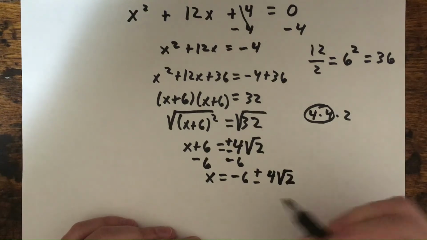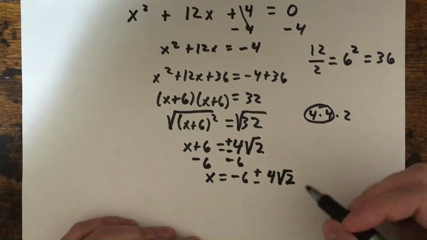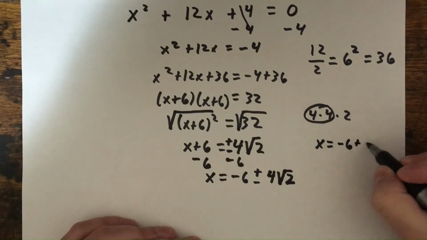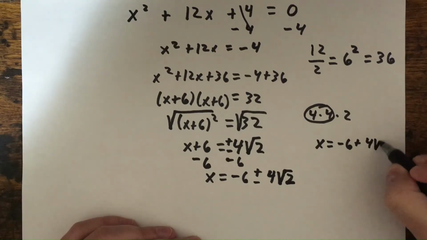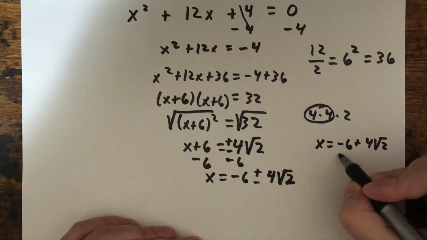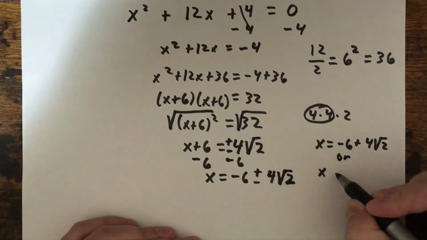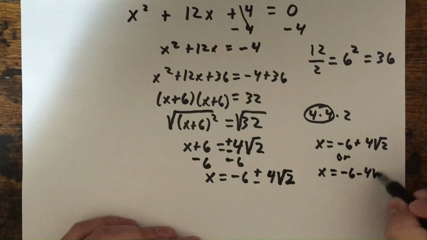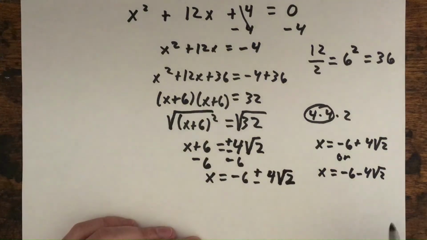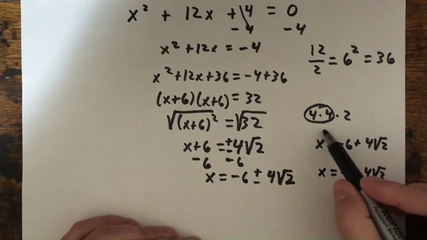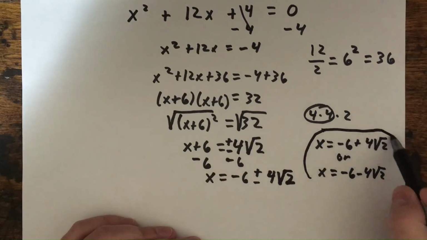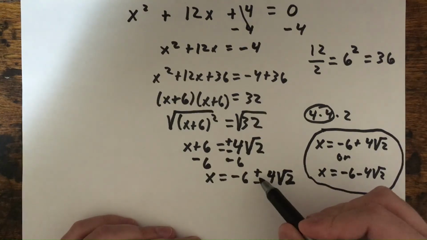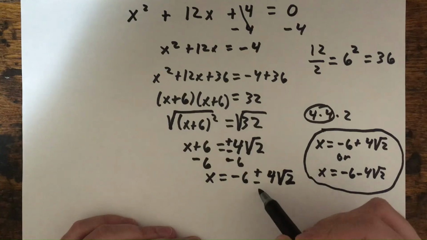And you'll probably have to write it as something like x equals negative 6 plus 4 times the square root of 2, or x equals negative 6 minus 4 times the square root of 2. This is what you'll probably have to write as a final answer on a problem, because you have to include both scenarios, the negative 6 plus this and the negative 6 minus this.